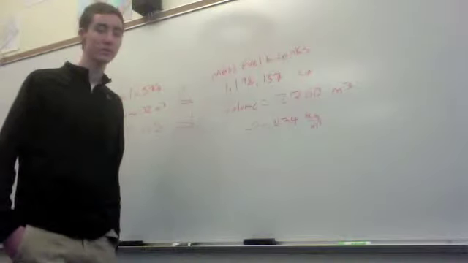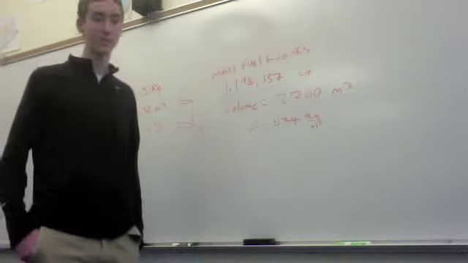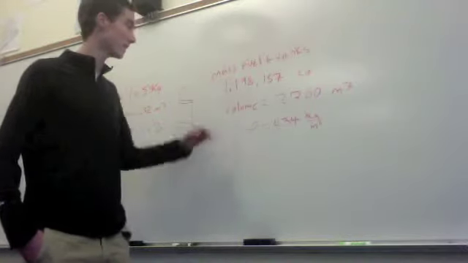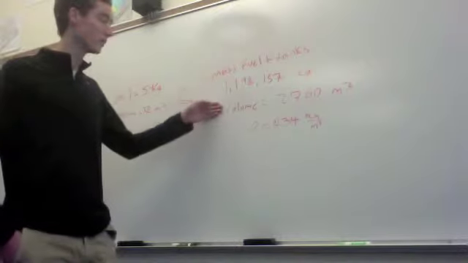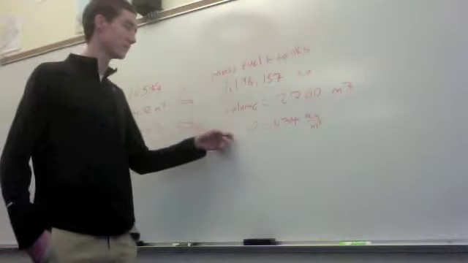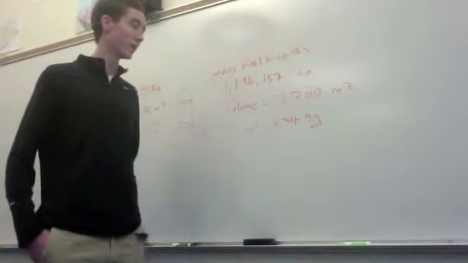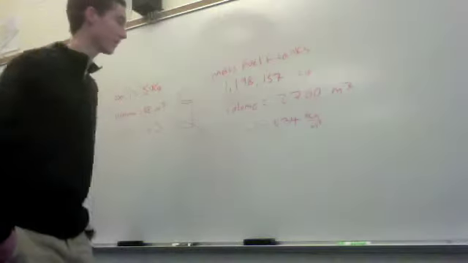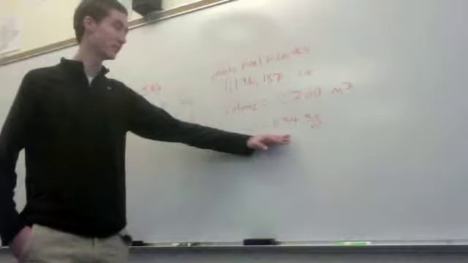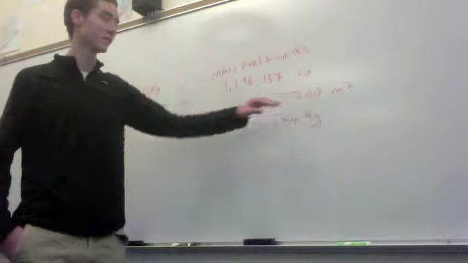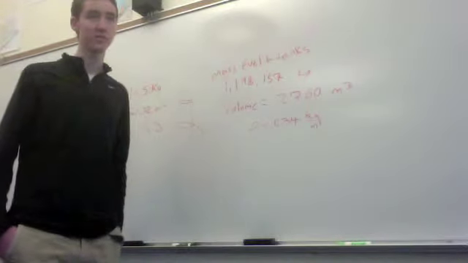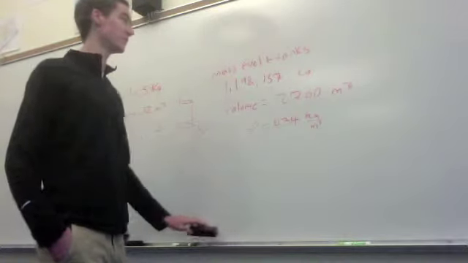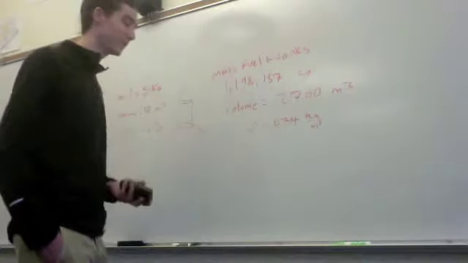As we learned at the beginning of chapter 15, density is mass over volume. So we take the mass and divide it by the volume, and that gives us a density of 434 kilograms per meter cubed. It's 3 significant digits because we take the least number of significant digits given. And so that's the density of the rocket fuel and the tanks.